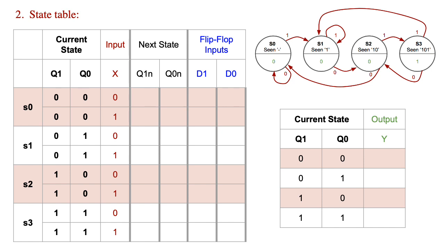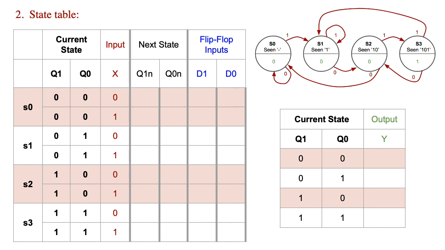Since this design has an input, unlike counters, which can count on their own without any additional input, with a sequence detector we need the sequence bits as an input for us to be able to detect the sequence so we can output something.